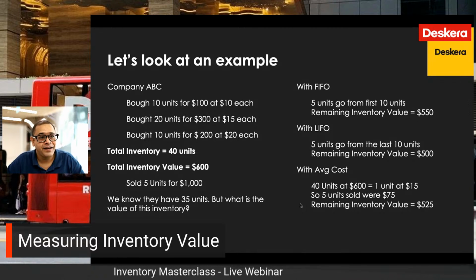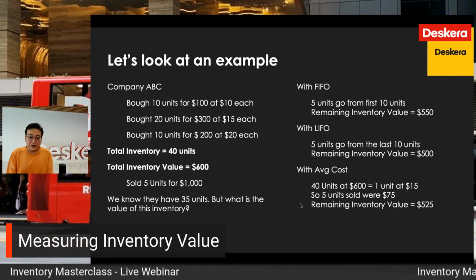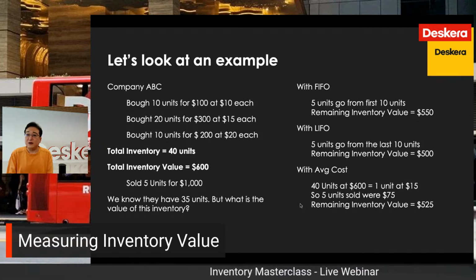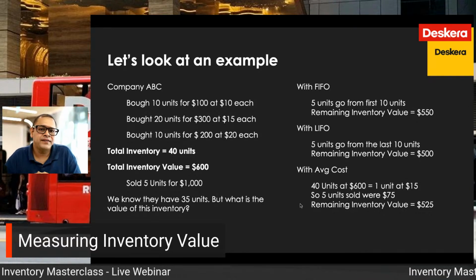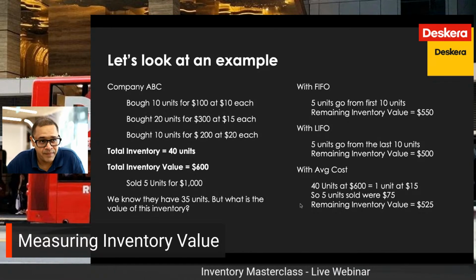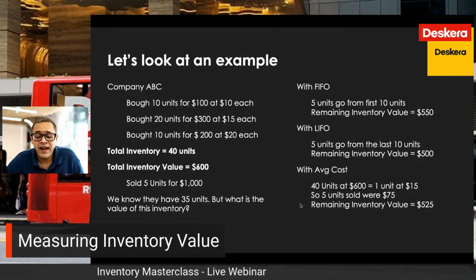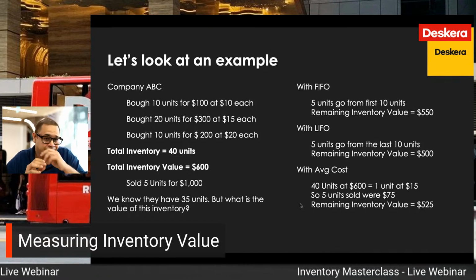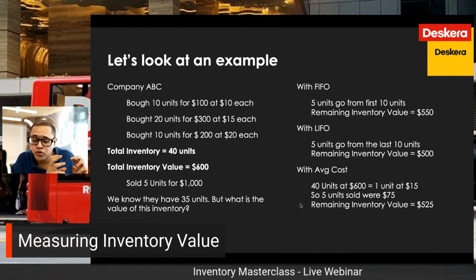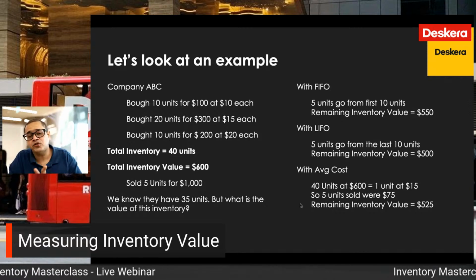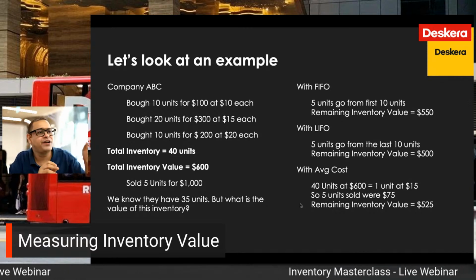I was wondering. Yeah, what were you wondering? I was just wondering, does this methodology, FIFO, LIFO, and average cost, also apply to batches, or batch management, batch products? Yes, they do. There are different schools of thought on that. If I am running inventory with batch numbers, then I have the option of using FIFO, LIFO, and average cost. But the differentiation is that I can choose to do it within a batch or as the overall set and use the batch only for tracking the expiry and the origin and other details.